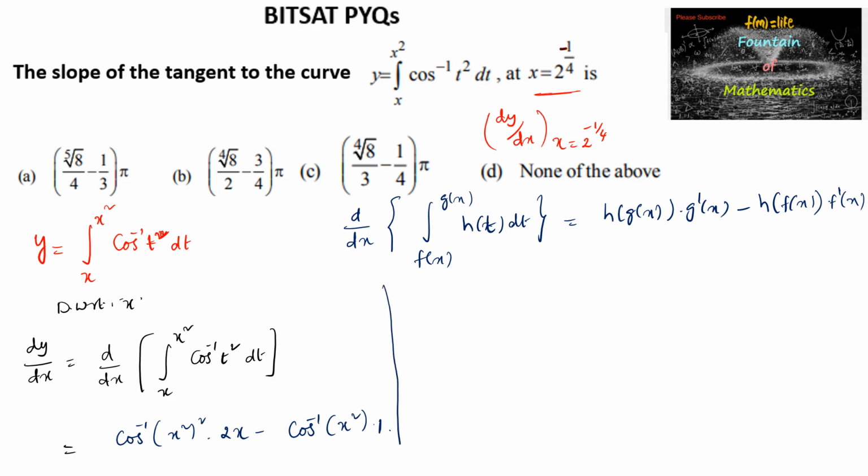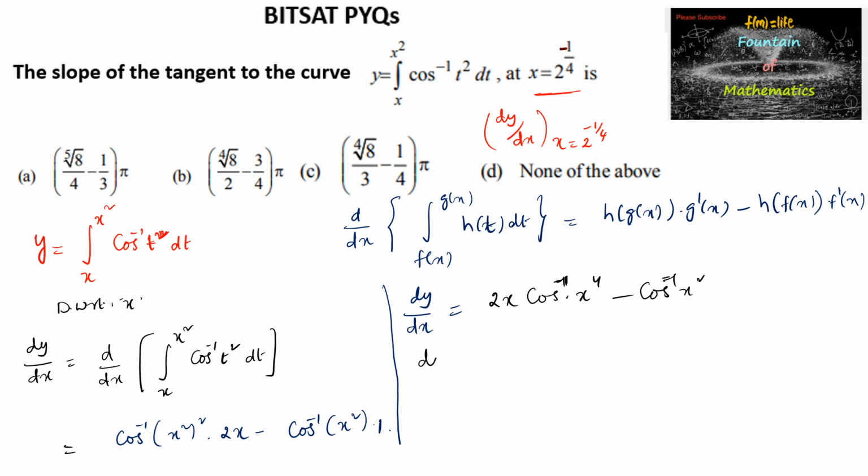And then we can write dy by dx is equal to 2x into cos inverse of x power 4 minus cos inverse of x square.